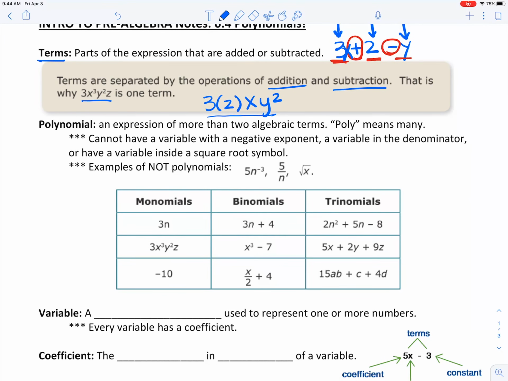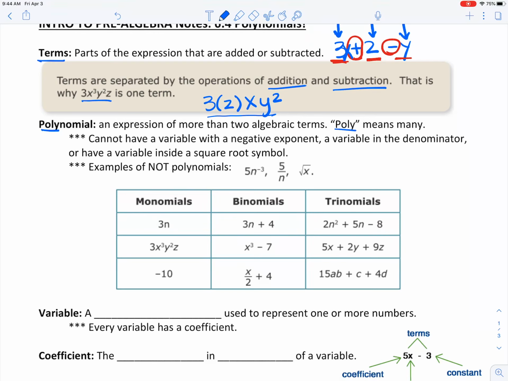Okay, the word polynomial is an expression of more than two algebraic terms. This word poly, it really just means many. You cannot have a variable with a negative exponent, a variable in the denominator, or a variable inside a square root symbol. Now, to be quite honest, for today's lesson, I'm not super concerned if we understand what a polynomial means, but it's still good to talk through.